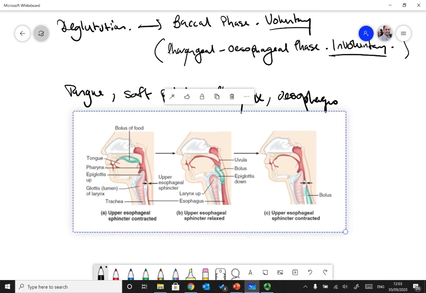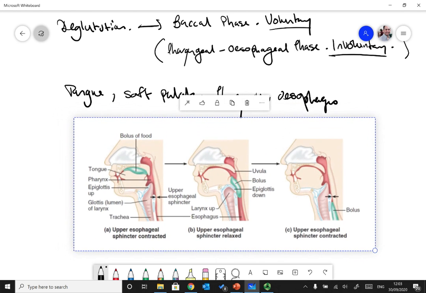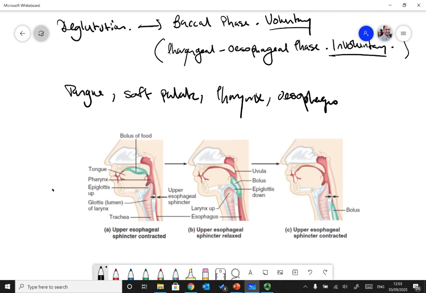So in the buccal phase, we're looking at part A. So we're looking at this bit. So as I said, you've chewed your food, you've mixed it well with saliva, and then you use the tongue to force your bolus of food into the pharynx, which is this bit here. And at that point, it passes out of your control and it is totally then in control by reflexes.